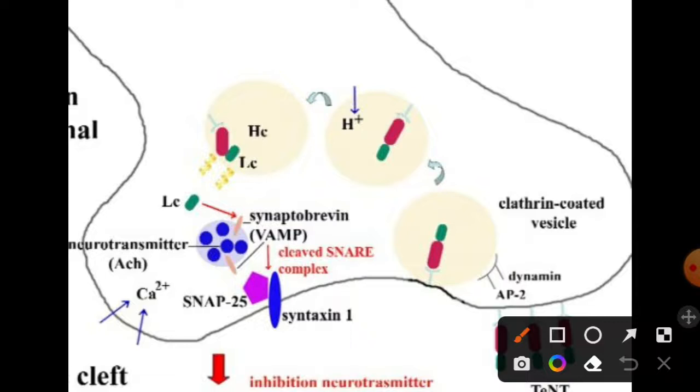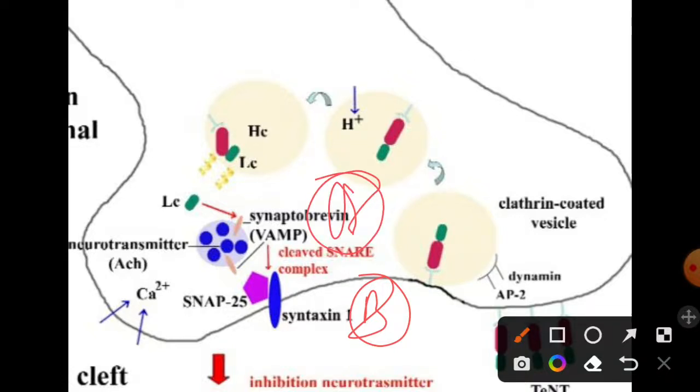Once they are inside the body, it will enter the inhibitory Renshaw cell, okay, which is nothing but an inhibitory neuron, and they are entering via receptor mediated endocytosis after the interaction with the B subunit of the AB toxin Tetanospasmin. Once they are inside, the A subunit will be released in the cytoplasm.